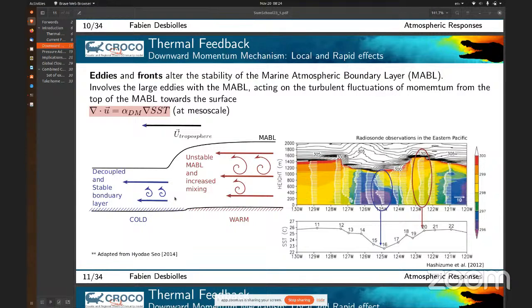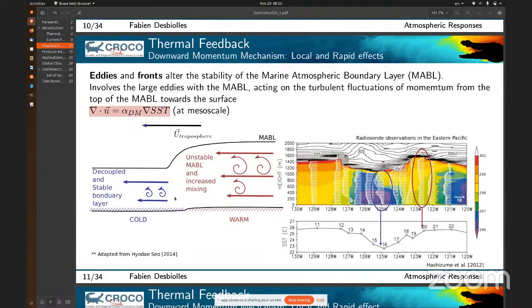So on the warm side of the front, the air column is going to be more unstable, so we're going to increase mixing from the top of the bubble to the surface. And on the cold side, we have a more stable boundary layer and even the creation of an internal boundary layer. So at the surface, the wind tends to blow faster over the warm side and slower over the cold side.